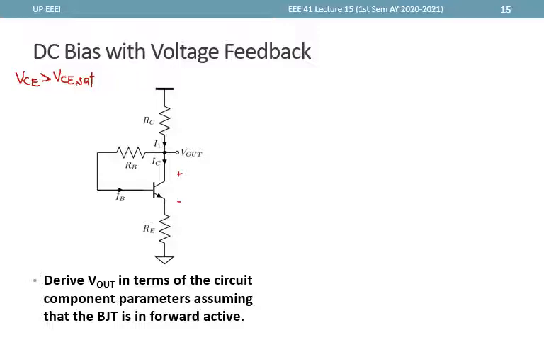Now, since the current can only go from a positive supply down to ground, the current can go also from this point to this point, then we are sure that this one is approximately VBE on, as long as this one is slightly greater than VBE on. So this one is approximately VBE on already.